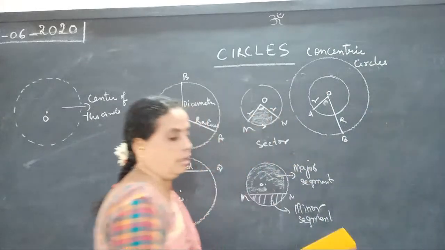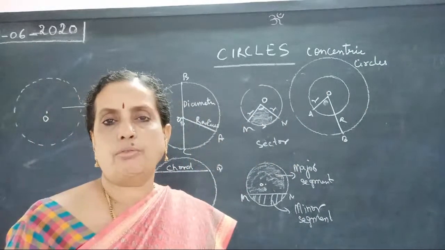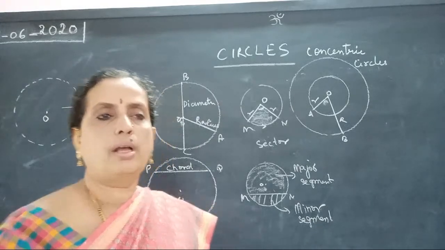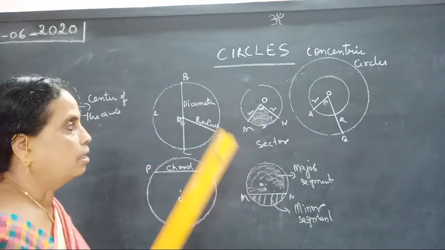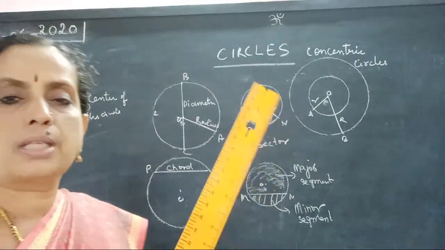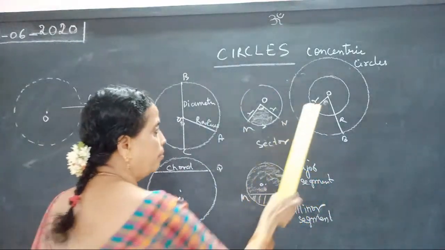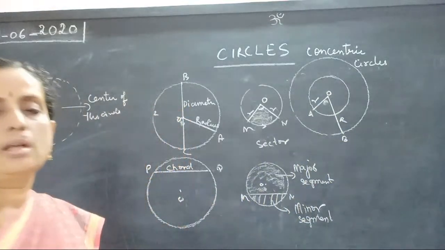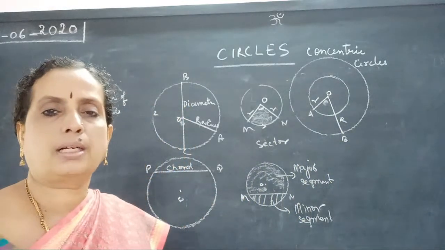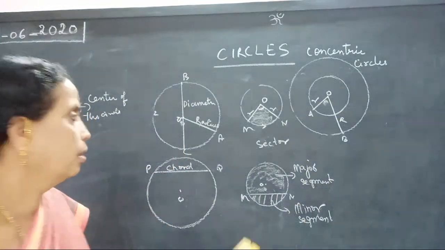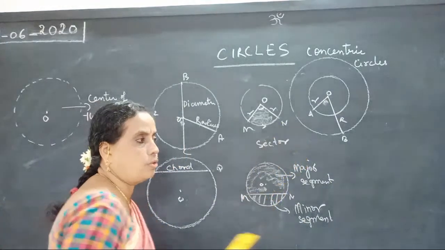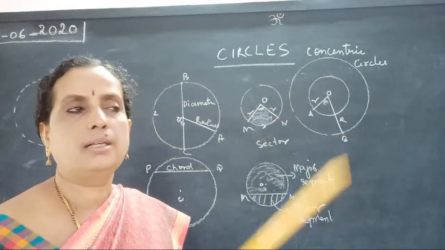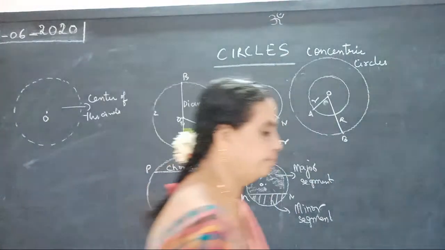Because in the question you may have to find the radius or the distance, so I am giving the figure. Circles with the same center but different radius are called concentric circles. Clear? Concentric circles are those that have the same center but different radius.